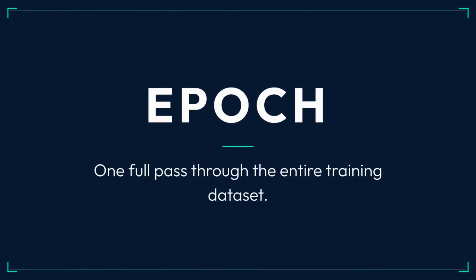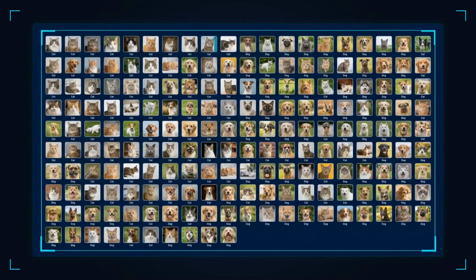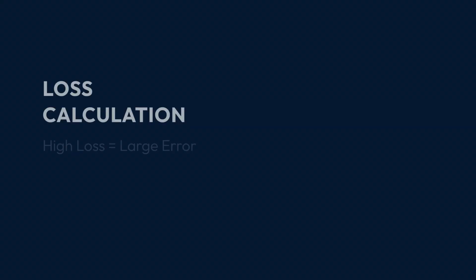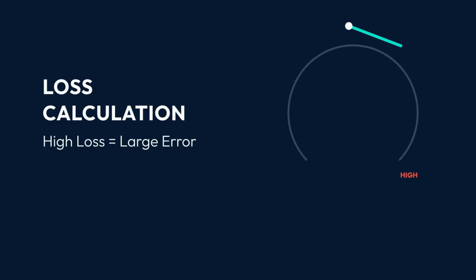Let's look at a real example. Say we want to train a model to distinguish between cats and dogs. We collect 10,000 photos, each labeled cat or dog. That's our data. We show the first photo, it's a cat, but the model guesses dog with 90% confidence. Big mistake. We calculate loss, which just means how wrong were you?